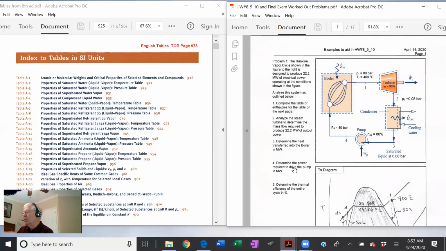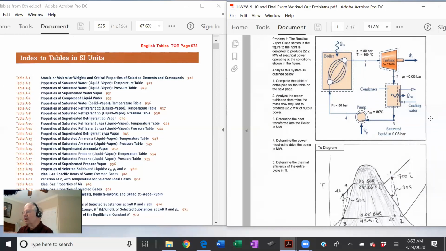Determine the power required to drive the pump. There's an external electric motor required to drive the pump. And finally, determine the thermal efficiency of this entire cycle. I don't know if I said draw the TS diagram, I should have, but here it is.